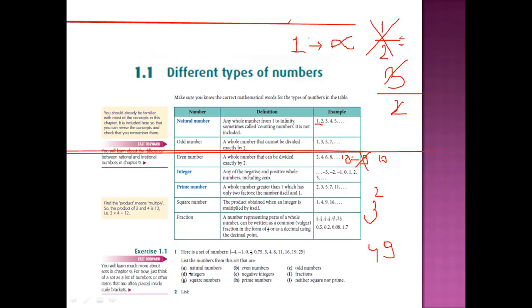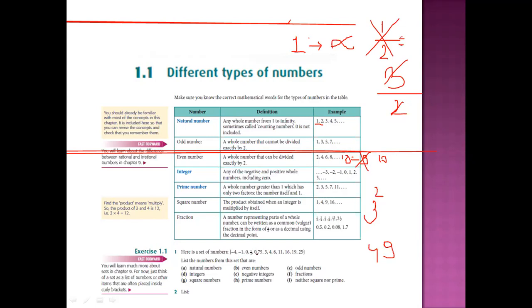First one is option A, natural numbers. Choose the natural numbers from this set. So what is the definition of natural numbers? Let's read it again: any whole number from 1 to infinity, sometimes called counting numbers, starting with 1, 2, 3, 4, 5, 6, 7, 8, 9, and so on. So we need positive integers, starting with 3, because 0.75 is a decimal number.